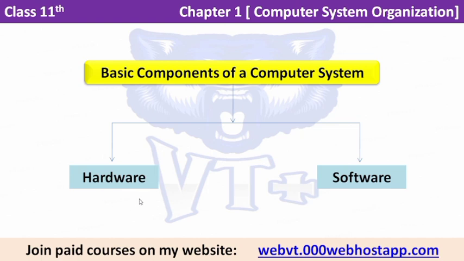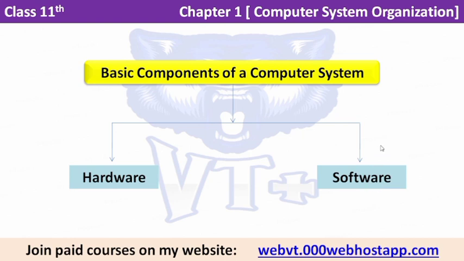Examples of hardware are motherboard, memory device, monitor, keyboard, etc. But software is the logical part, or in other words we cannot touch it. For example, MS Office, PowerPoint presentation, Excel are examples of software.